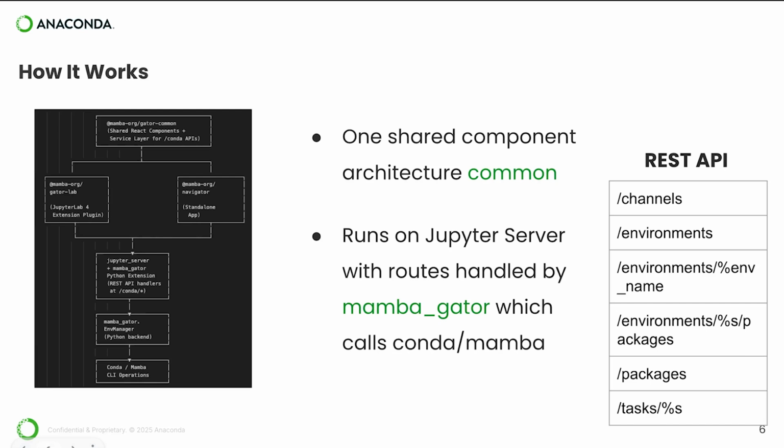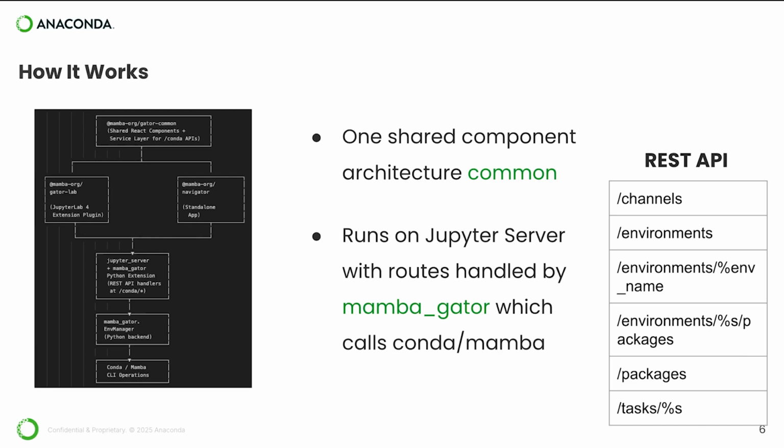And we can talk about how Gator works behind the scenes. So at the top level, we have a shared React component library called Common. And this is where all the UI pieces live: the environment list, the package lists, the drawers that are opened up to either allow you to create an environment or to install certain packages, as well as the dialogues.